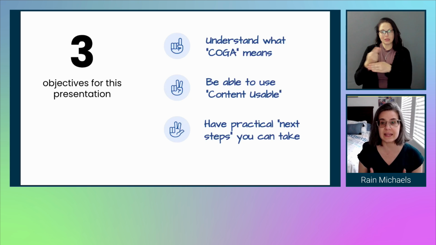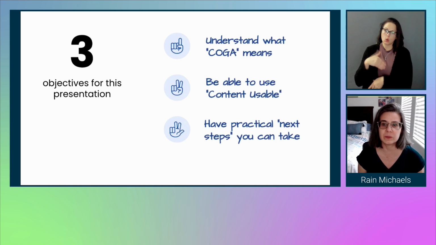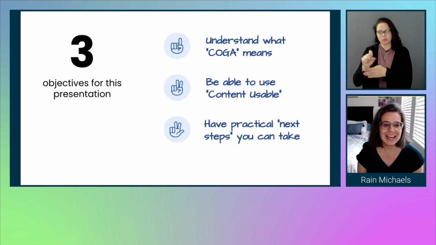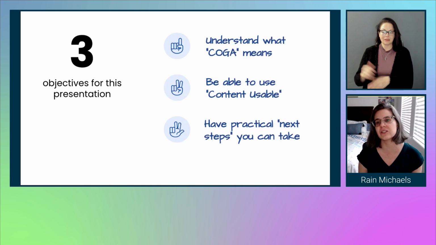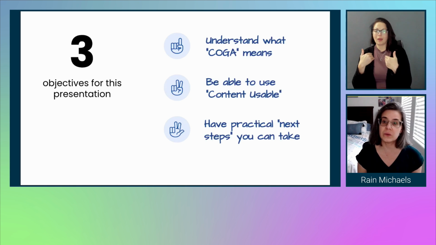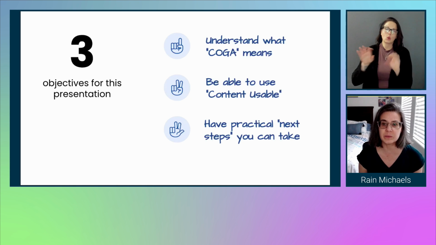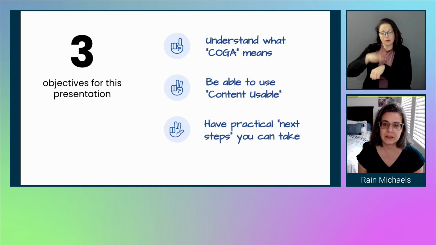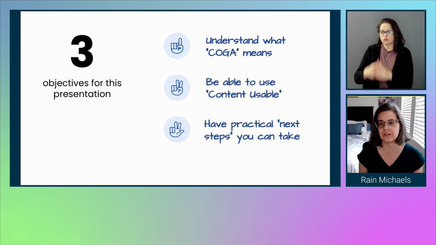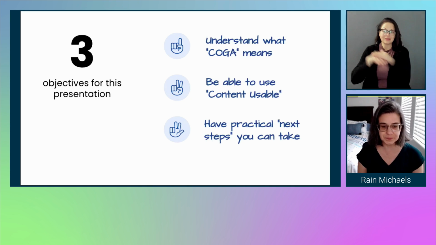It is a dense and massive document, so we want to give you the tools to be able to actually use it. And the third objective is to help you have practical next steps that you, your organizations, your teams, whatever it is that you're working on, can actually take to start to bring cognitive accessibility into your work.